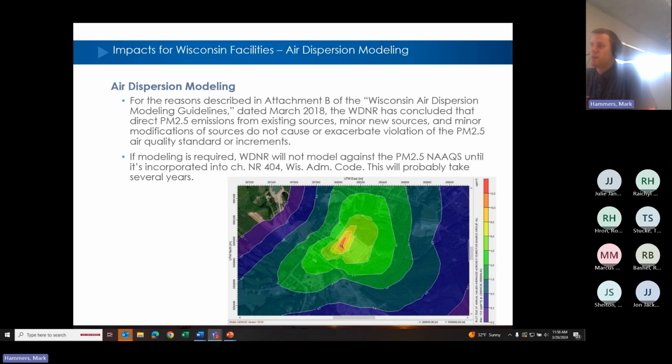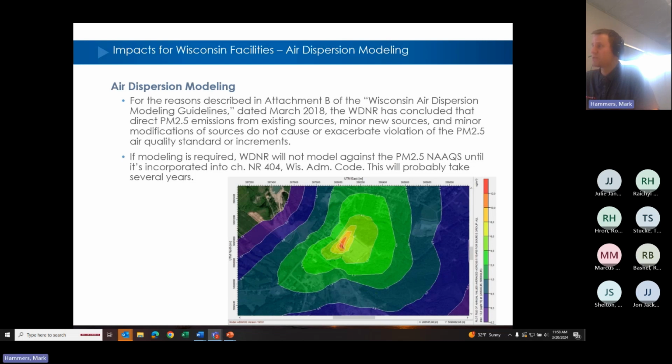But what sources are actually modeled against PM2.5 in Wisconsin? This is specific to Wisconsin. The DNR has some pretty excellent modeling guidance out there that you can find if you just Google it. But they've determined that existing sources, minor sources, and minor modifications of sources do not cause or exacerbate a violation of the PM2.5 standard.